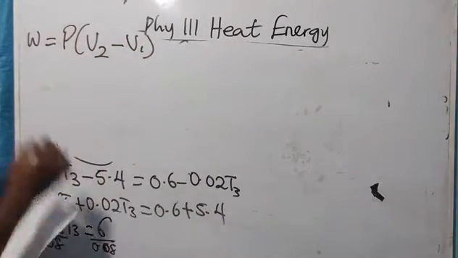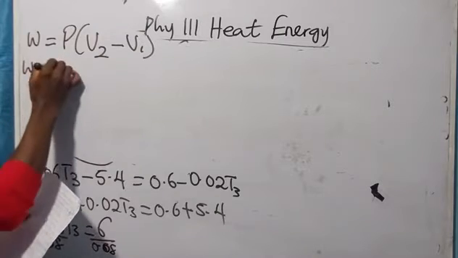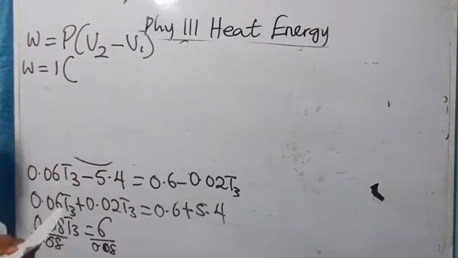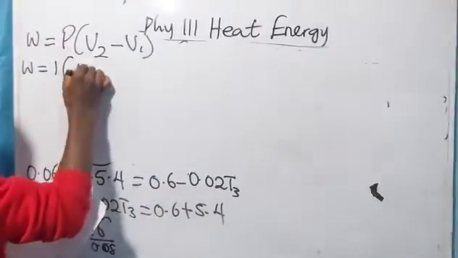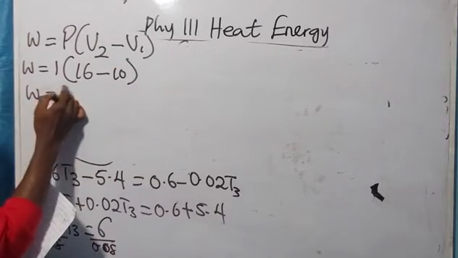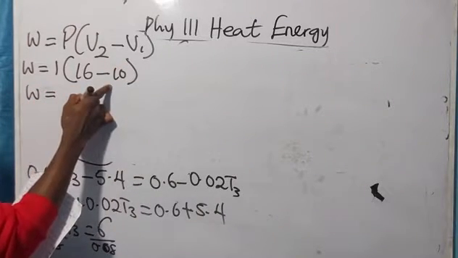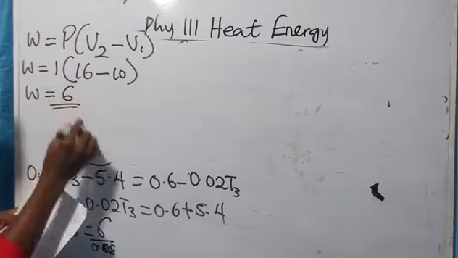V1. The work done wasn't given, so P was given as 1. They said that the gas changed from 10 to 16. That is 16 minus 10. That will give me W as 6. Alright, 6.